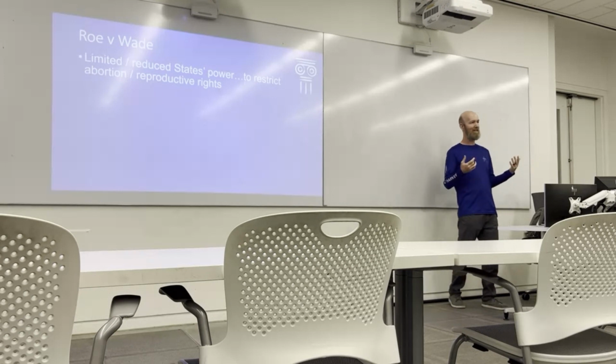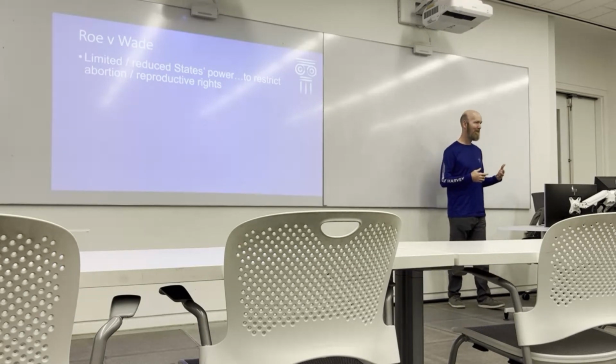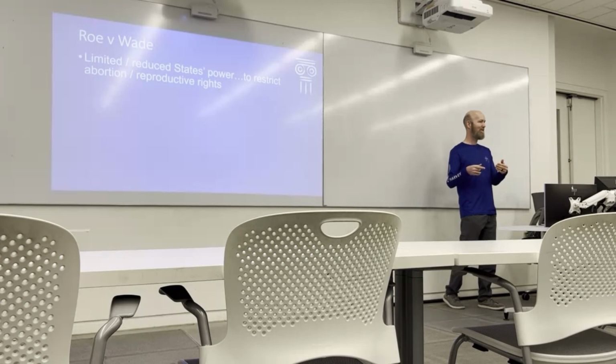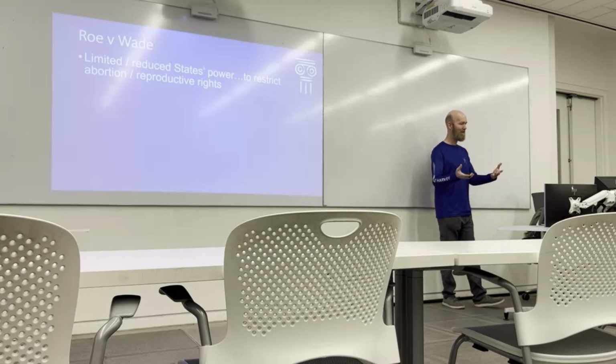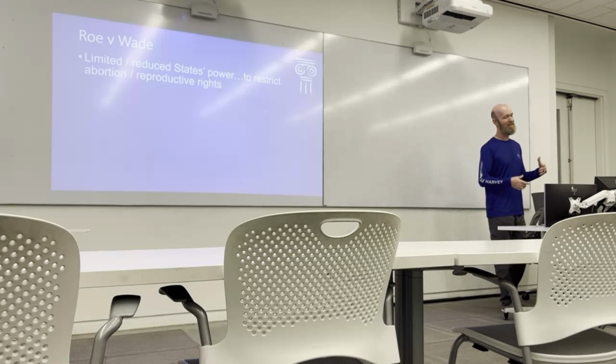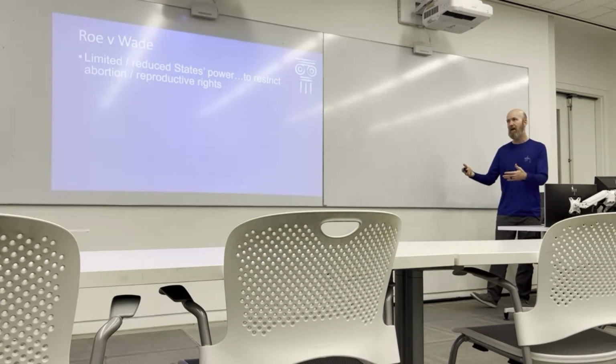Wade, we don't think of it as a state power issue. But the key is that before Roe v. Wade, every state could restrict abortion however they wanted to. But once Roe v. Wade passed, it limited the ability of states to restrict abortion, or it took power away from states. They couldn't restrict abortion in certain ways, so therefore it reduced or limited the power of states.